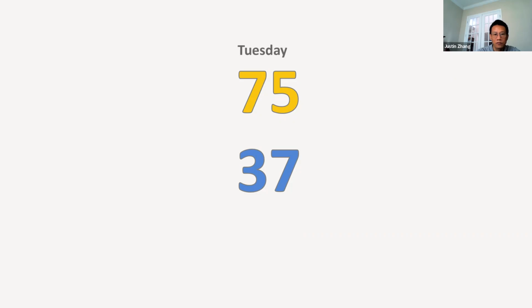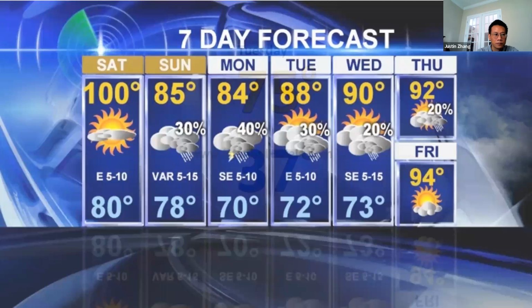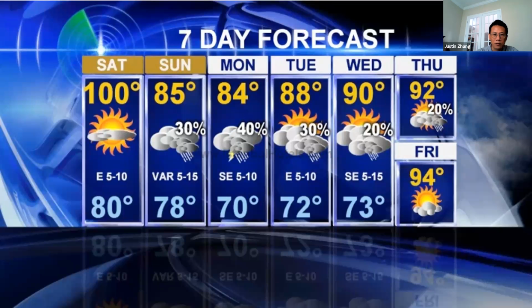How about now, if we add this Tuesday on top of these two numbers? With these additional symbols, we now see these numbers in context. It's a very common way to visualize weather, like in this example.